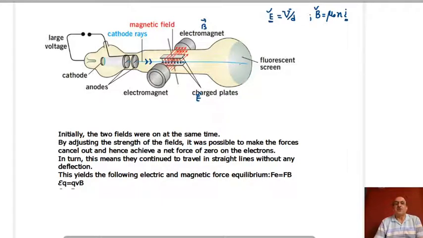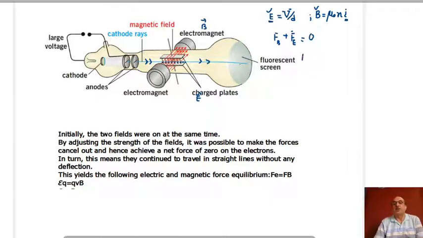So in the first case, we adjust the voltage and current in such a way that the net magnetic force and electric force neutralize the effect of each other. That is, the net Lorentz force becomes zero.